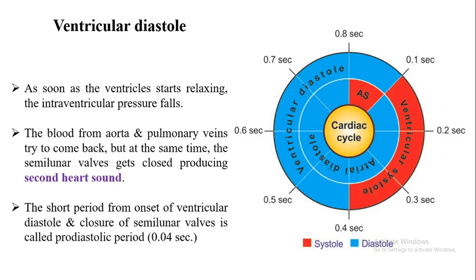There is no opening in the ventricles, so the ventricles are like a closed chamber. Thus, during this short period, no blood enters the ventricle, and this period is called the isometric relaxation phase.